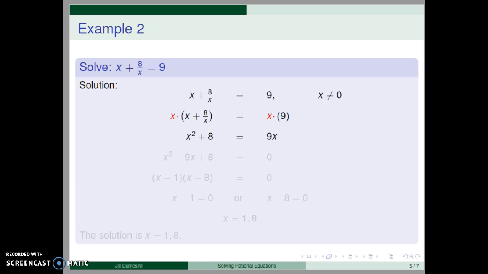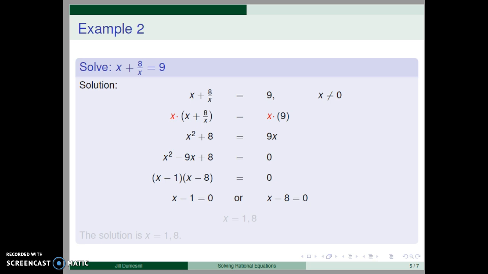Notice when we distribute x on the left-hand side, we get a quadratic equation. To solve quadratic equations, we put the equation in standard form and hopefully factor the quadratic. Since x squared minus 9x plus 8 factors as x minus 1 times x minus 8, we have a product equaling 0.